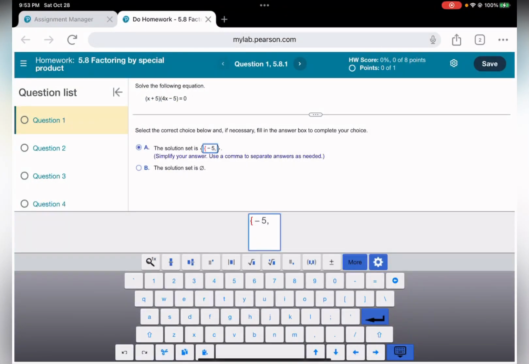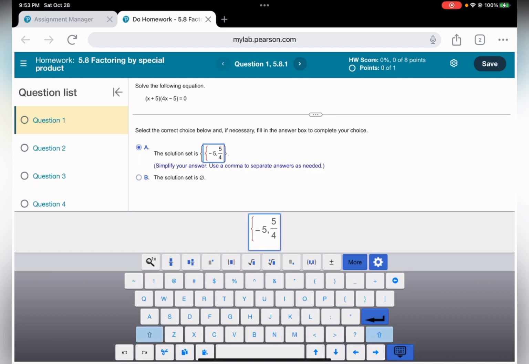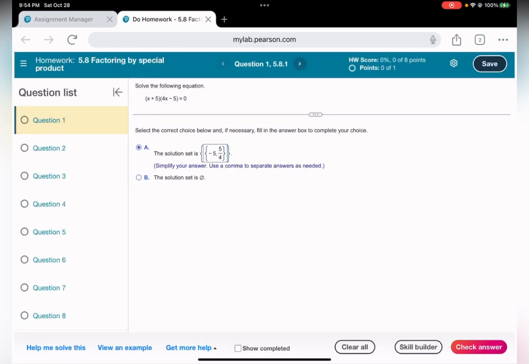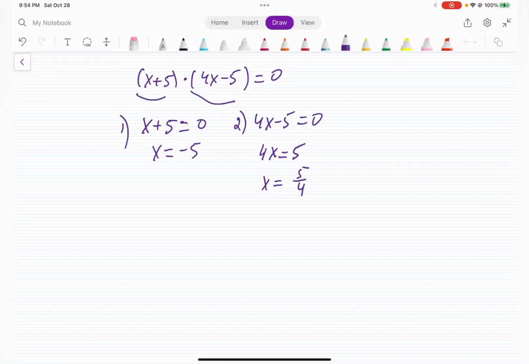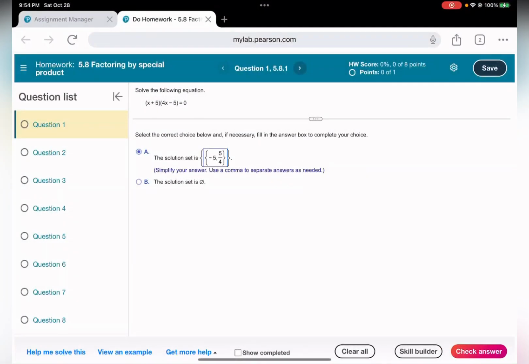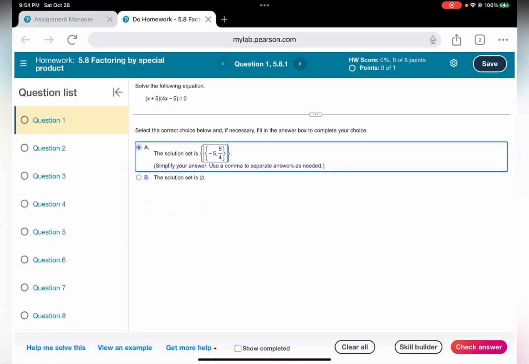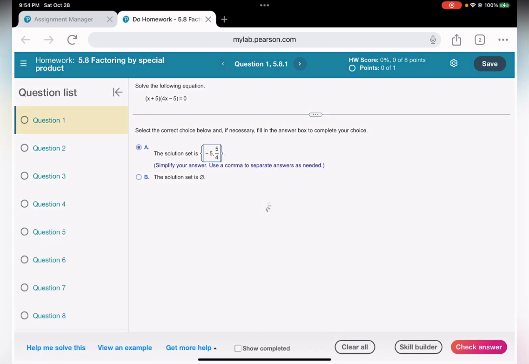And then closing curly braces and checking. I see, curly braces are already there. Okay, it's even better. I don't have to worry about curly braces.